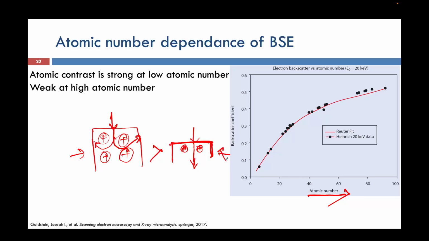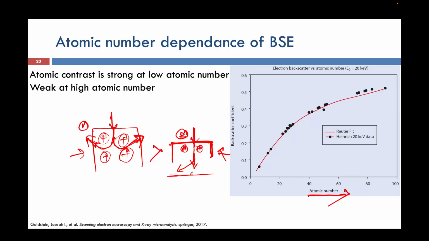Because the light element has less capability, or has a small positive charge in the nucleus of its atom, to deflect. I'm not saying that they will not deflect, but not to the extent that these strong atoms are deflecting. So that is why the number of backscattered electrons from a higher atomic number is higher than from a lower atomic number, right?